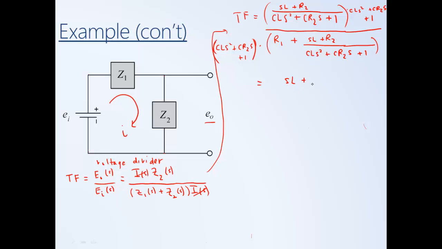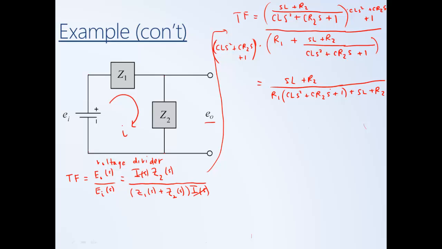We'll be left with SL plus R2 in the numerator. In the denominator, if we multiply through, this expression will distribute and multiply the R1. And then when we distribute it to the second term, this denominator will cancel with that term, and we'll just be left with SL plus R2.